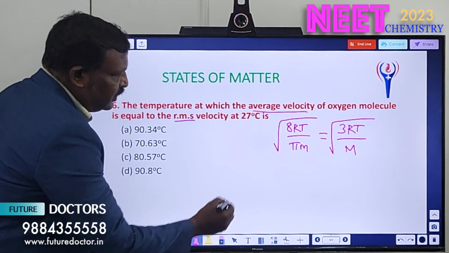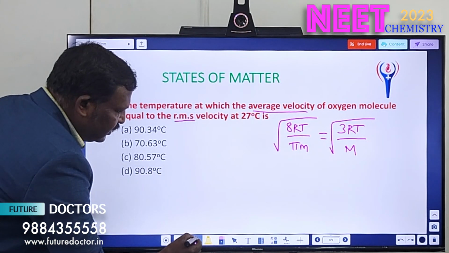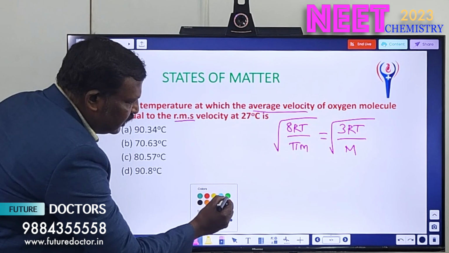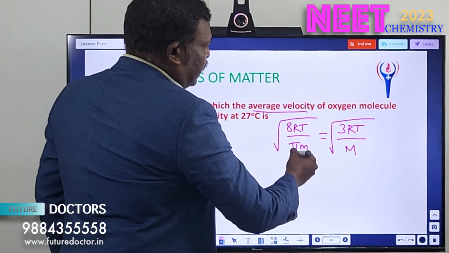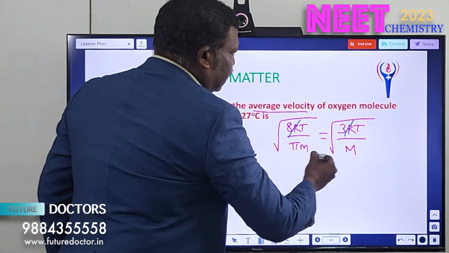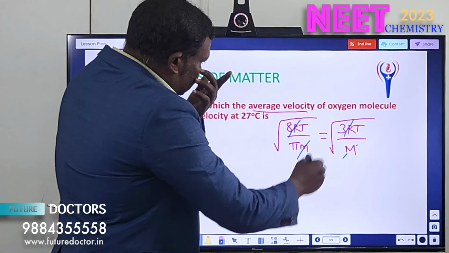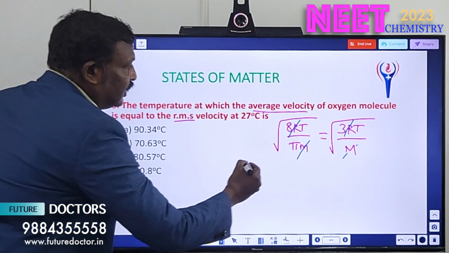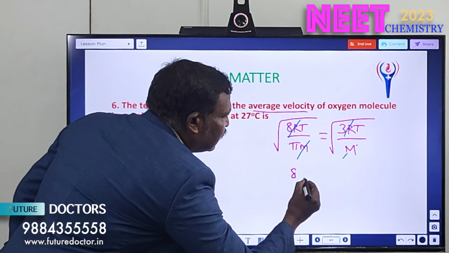Then we can cancel the square root. R gets cancelled, M also gets cancelled, the square root also cancels. What is remaining? Only 8.